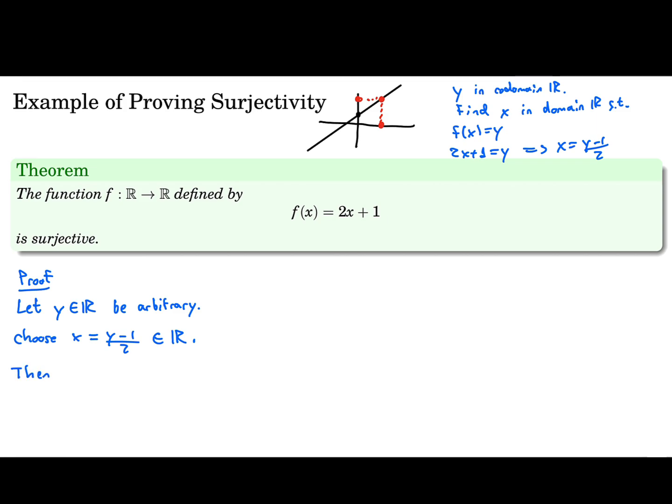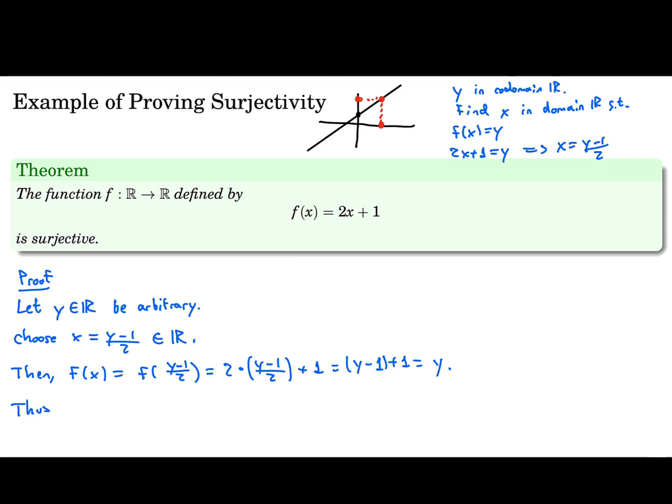And now with that choice, if you compute f of x, this is going to be equal to f of y minus 1 over 2. And this will be equal to 2 times y minus 1 over 2 plus 1. Let's do it slowly. This will be equal to y minus 1 plus 1, which will be equal to y.